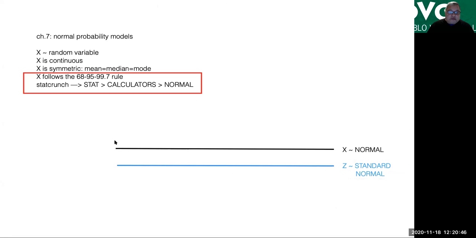In either case, what we're looking for is a model in which a bell curve shape distribution happens, where the mean is centered at the peak of the model, at the point of highest probability.